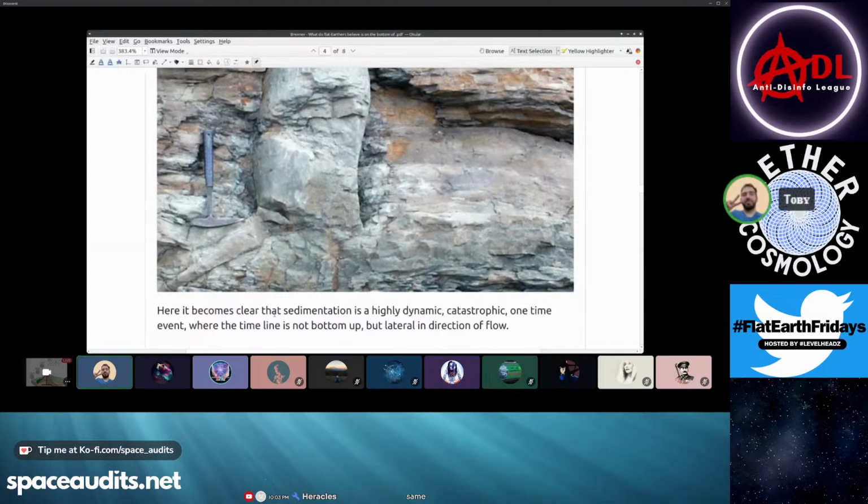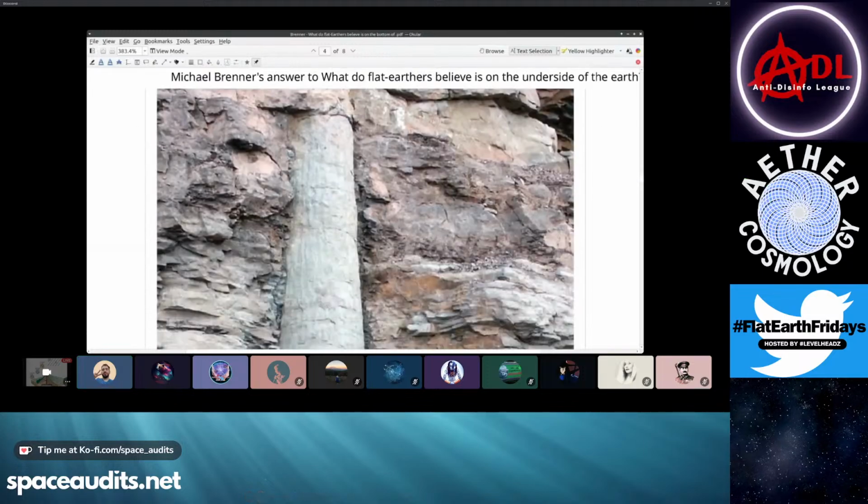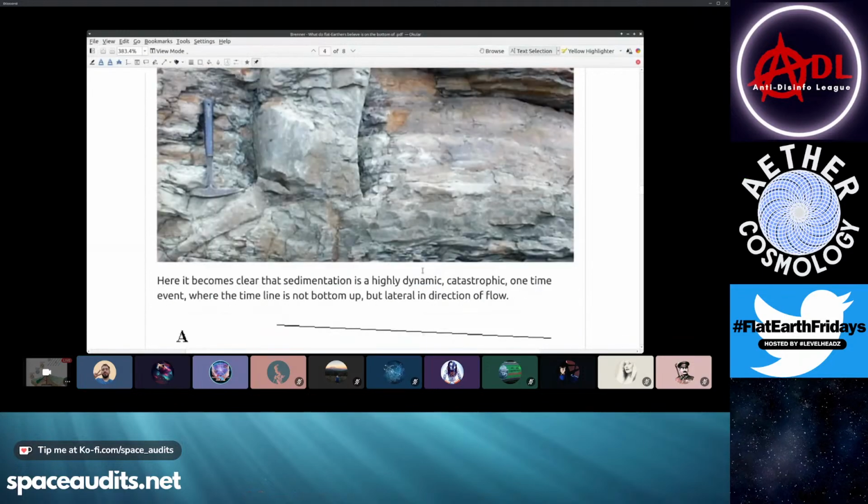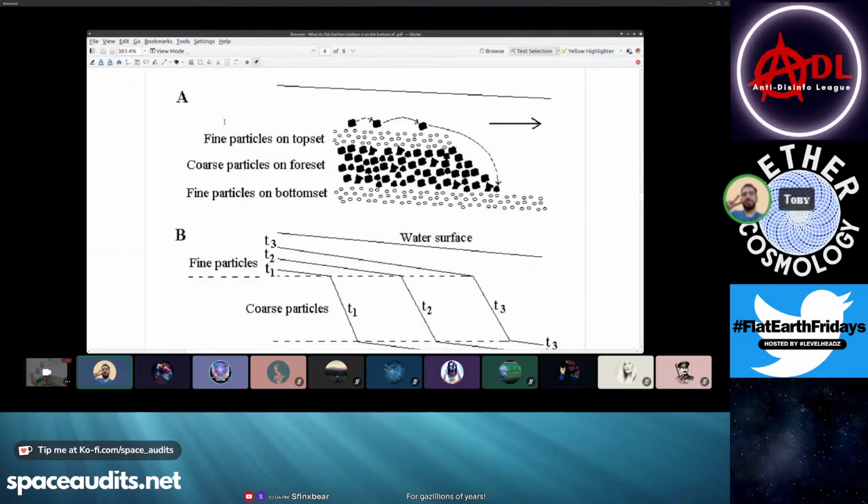Here it becomes clear that sedimentation is a highly dynamic, catastrophic, one-time event where the timeline is not bottom up but lateral in the direction of flow. Fine particles on top set, coarse particles on foreset, fine particles on bottom set.